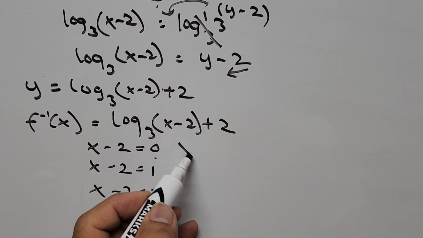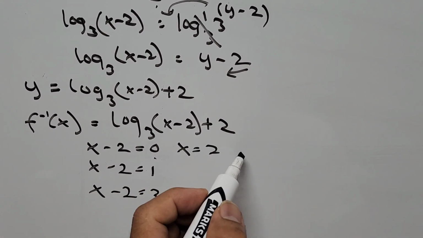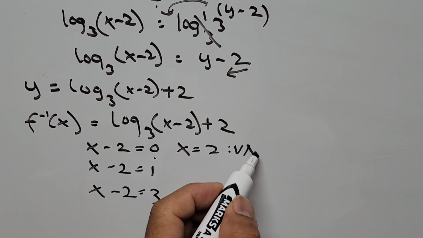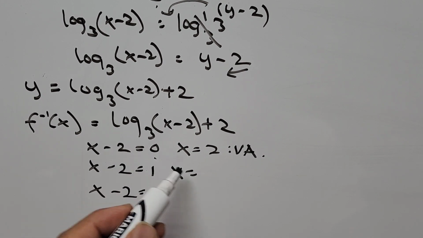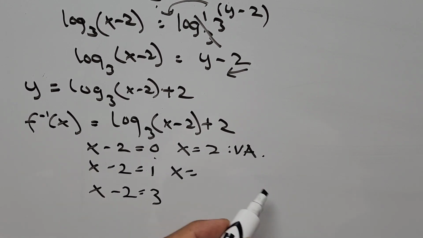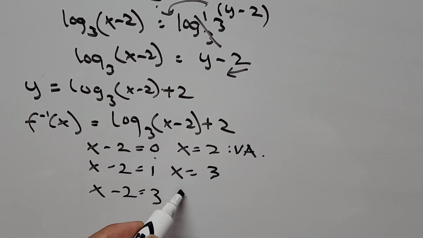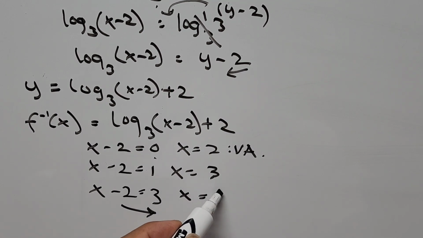Here x is equal to 2, so that's the vertical asymptote. Here the value of x is moving 2 to the right, so that will be 3. And here x is moving 2 to the right, so that's 5.